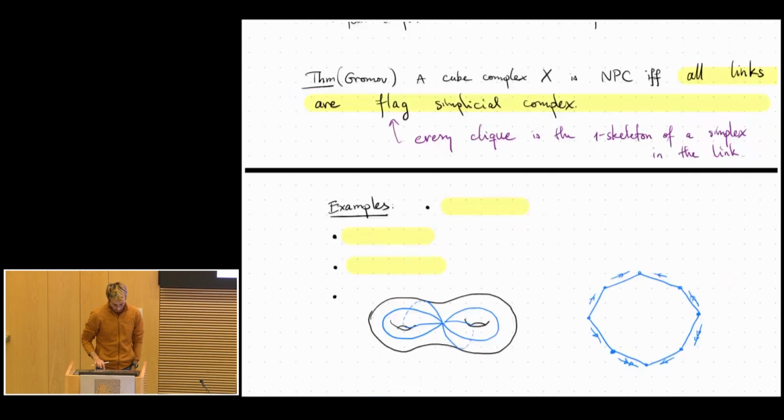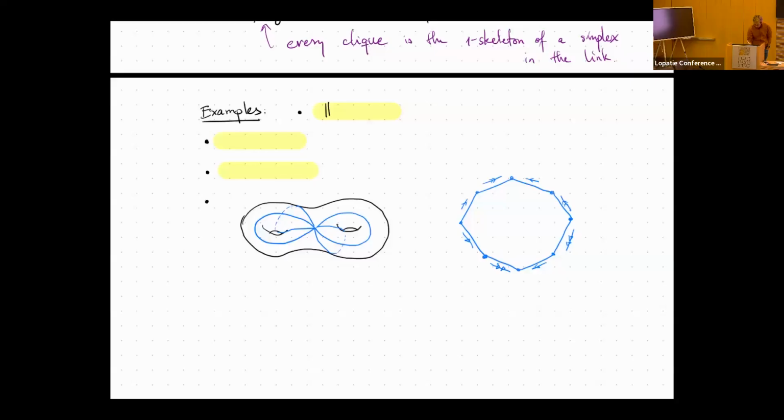Okay, great. So examples. You take Euclidean space and tile it by cubes; that satisfies this. You can also do it locally.